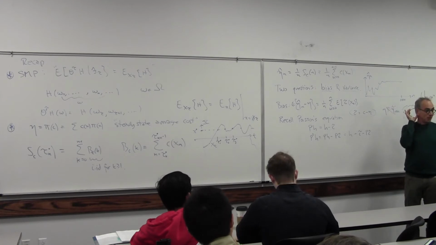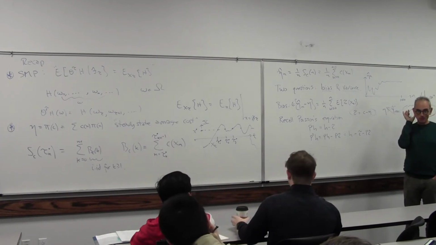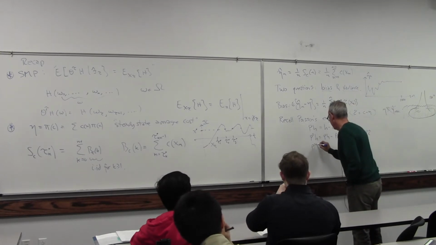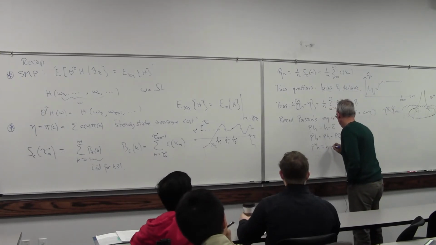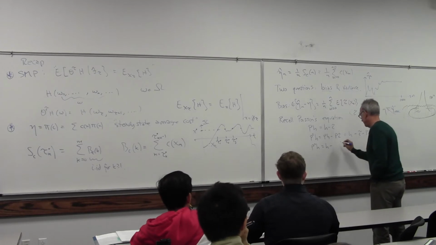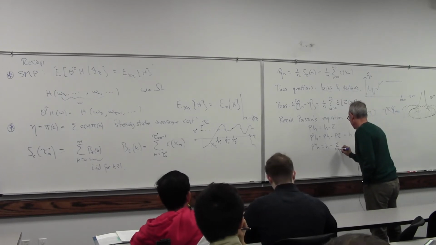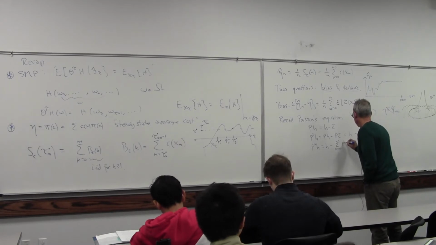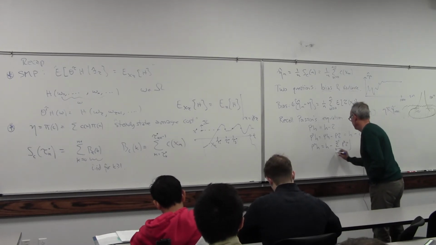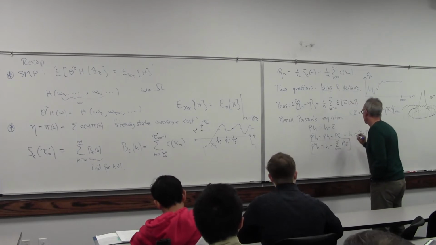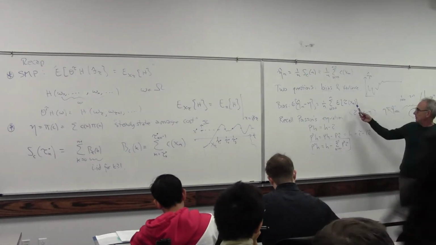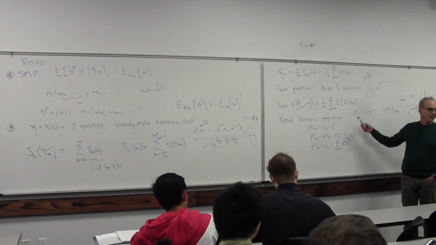I said by pattern recognition or by induction, however you want to put it, p to the n h is equal to h minus this sum. And does anybody see the connection between that and that?